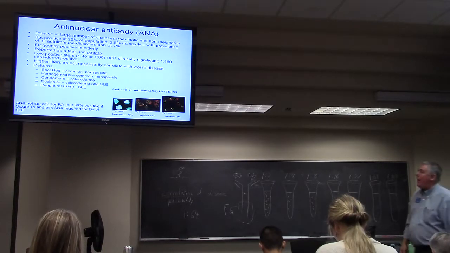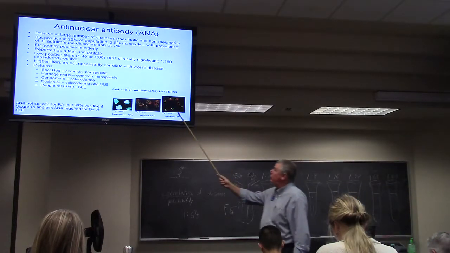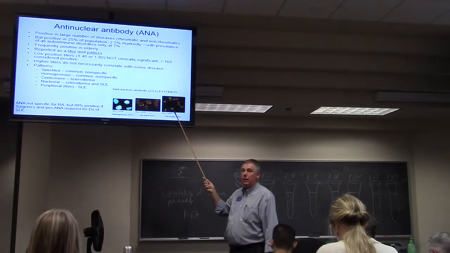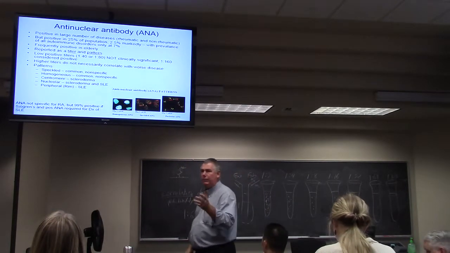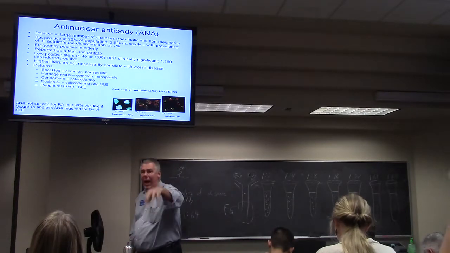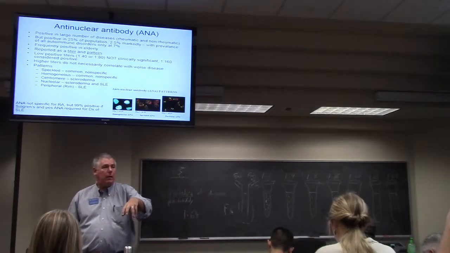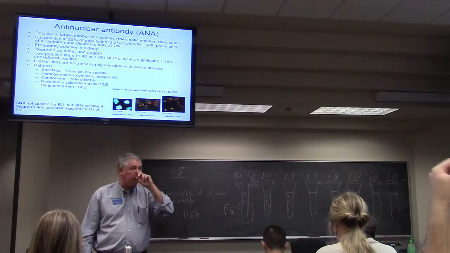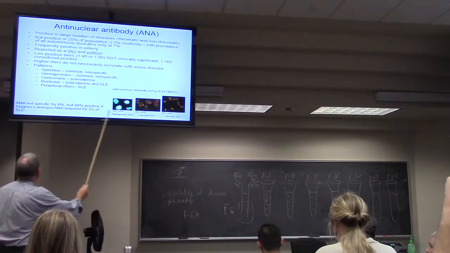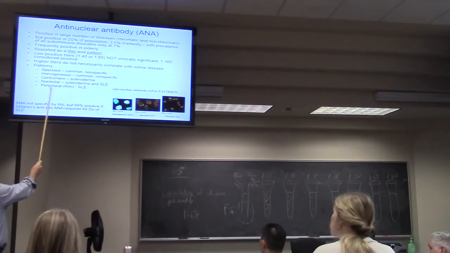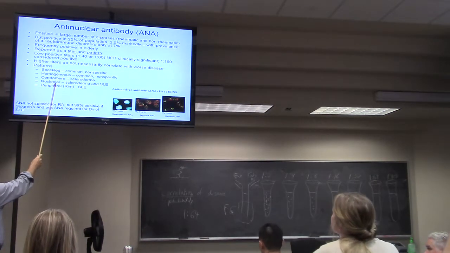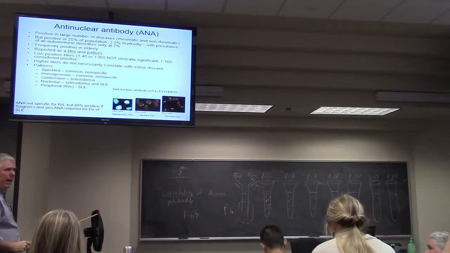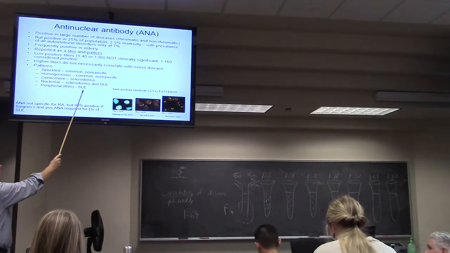Now there are other patterns here. This is to the nucleolus. This is a speckled pattern to different, I think, the histones or something like that. The pattern suggests a certain disease. If you look over here, peripheral patterns or nucleolar patterns are pretty high predictors of lupus.